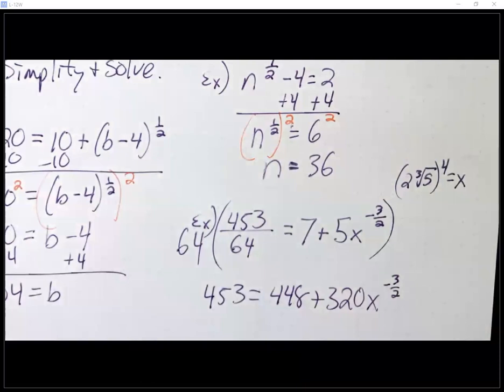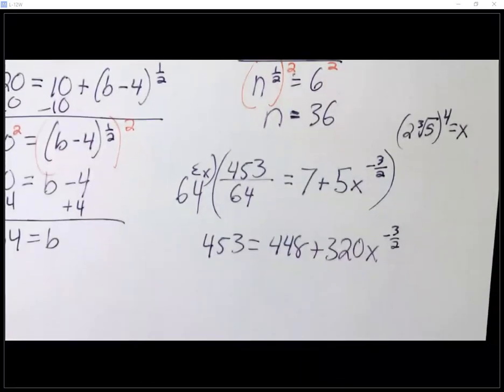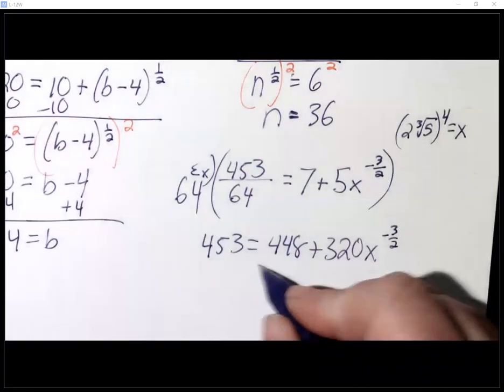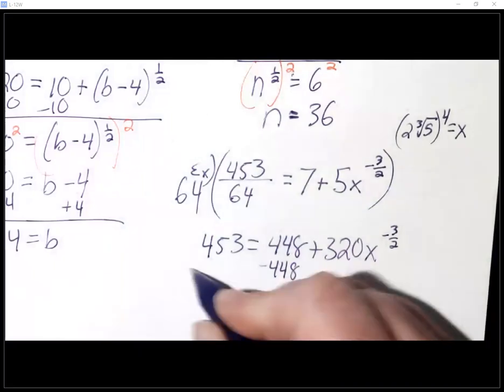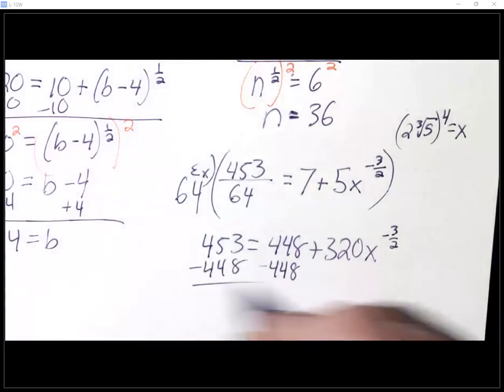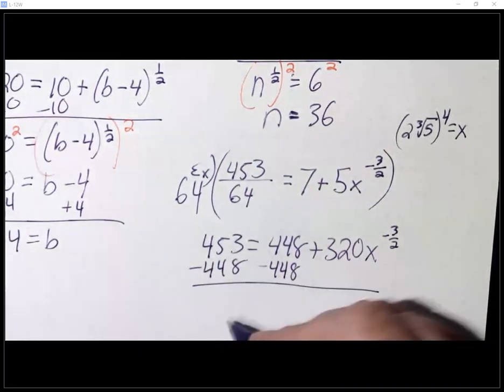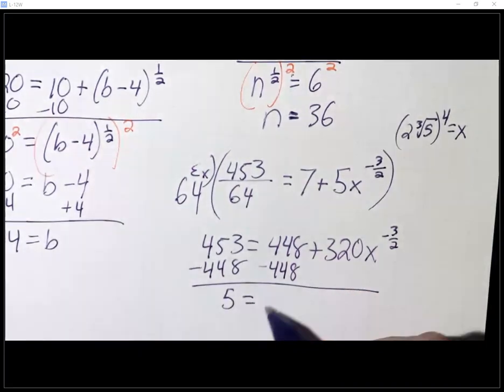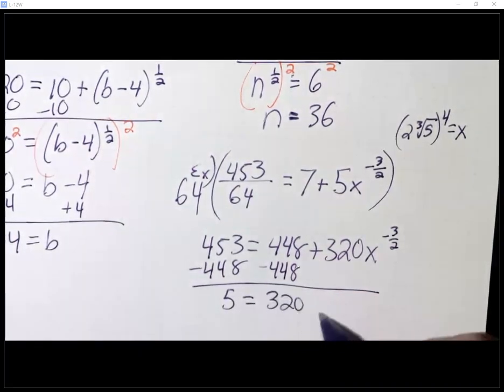Okay, so I'm here, a little bit better. I still need to get what is being raised to the exponent by itself. So let's minus the 448. So that's just 5, 20, x to the negative 3.